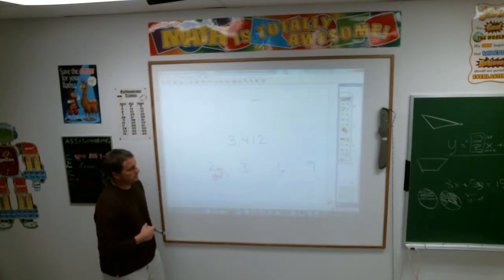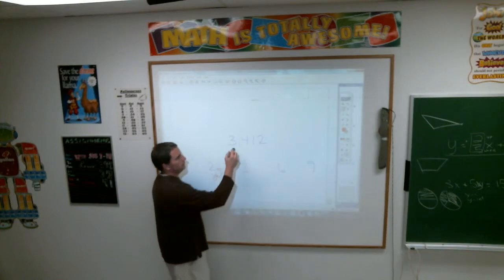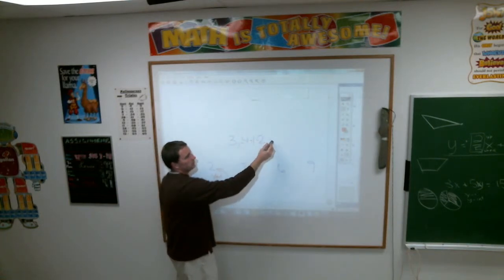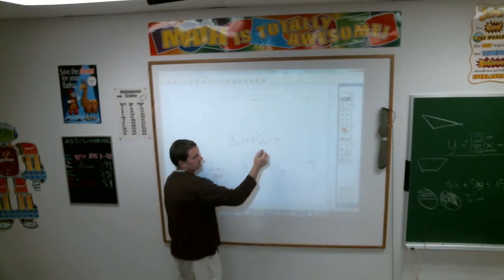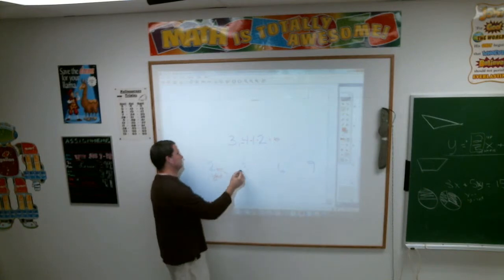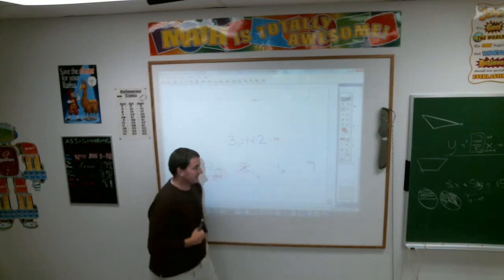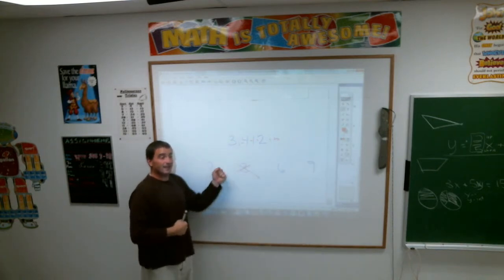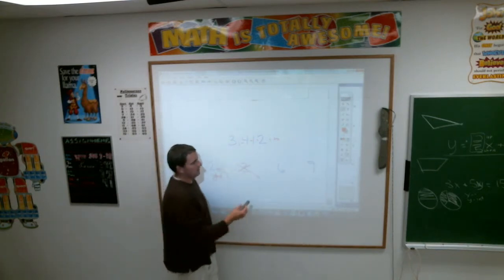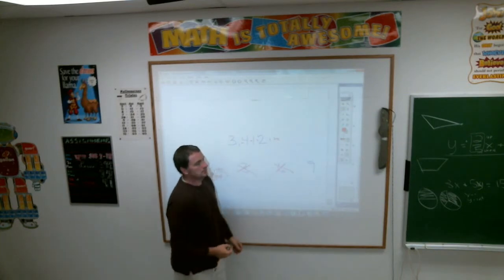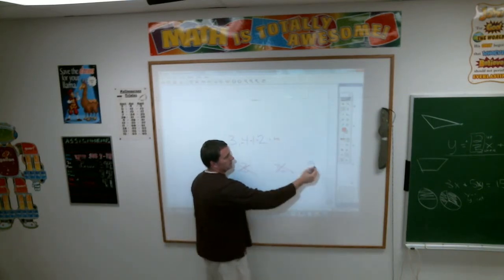Why not, Ben? 3 plus 4 plus 1 plus 2 equals 10. Does 3 go into 10? No. So, is it divisible by 6? No, because in order for it to be divisible by 6, it has to be yes to both of these. Divisible by 9? No, because 9 doesn't go evenly into 10.